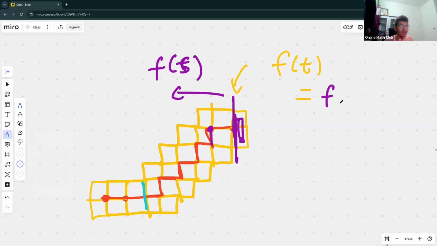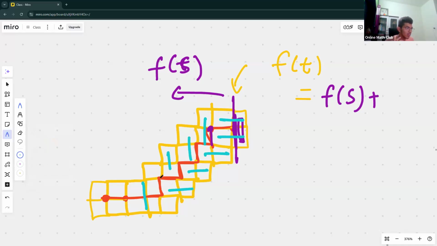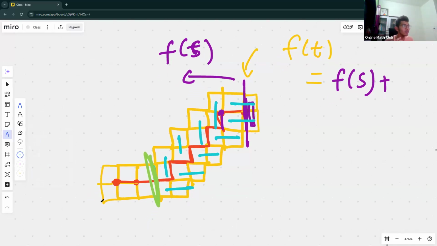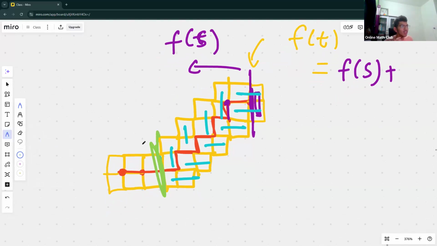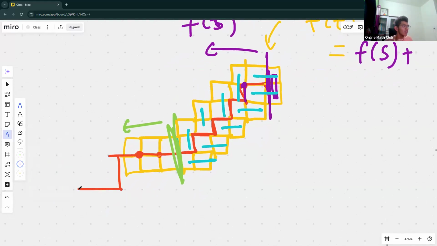So f of t equals f of s plus, if you consider this domino placed like this, then you have to force all the staircases till this line. And now what are we left with? You consider this part. Here you can have anything, some other staircase. We can go to the left, right?